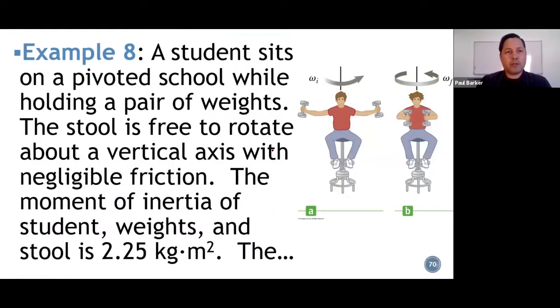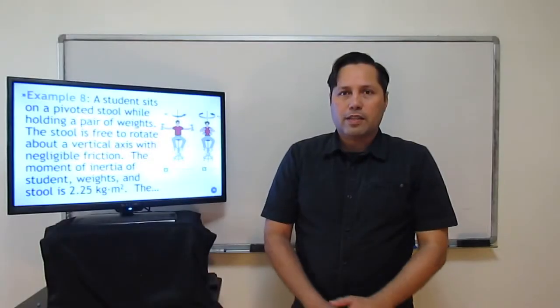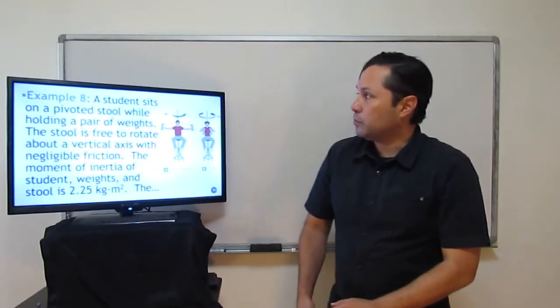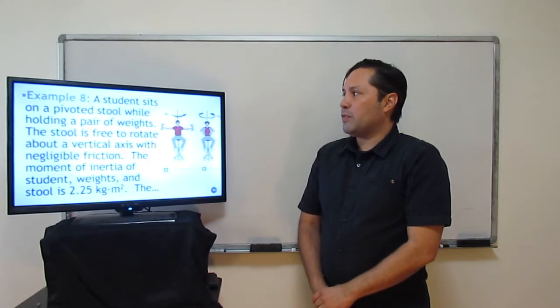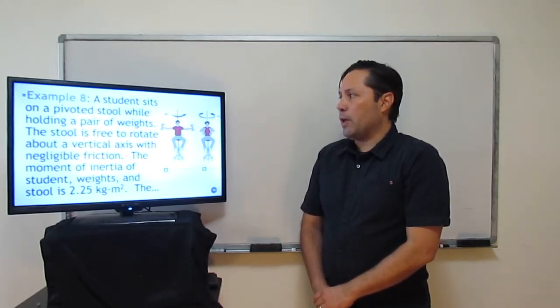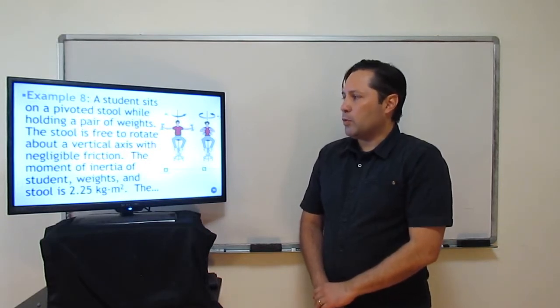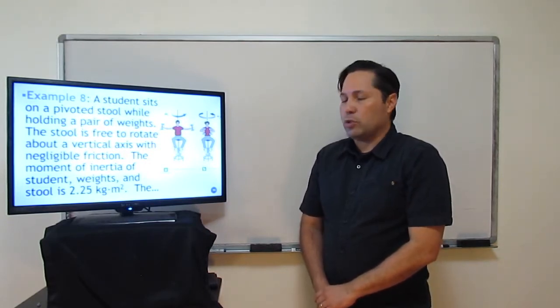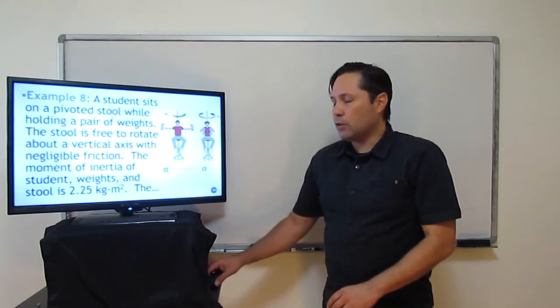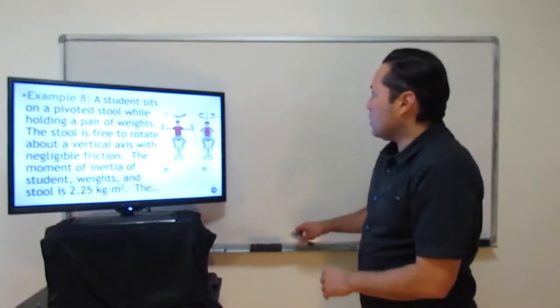Now let's take a look at example 8. In example 8, we're asked the following question. A student sits on a pivoted stool while holding a pair of weights. The stool is free to rotate about a vertical axis with negligible friction. The moment of inertia of the student, the weights, and the stool is 2.25 kilograms centimeters squared. That is our initial moment of inertia.